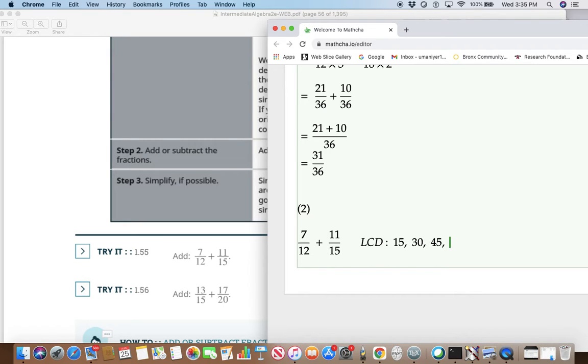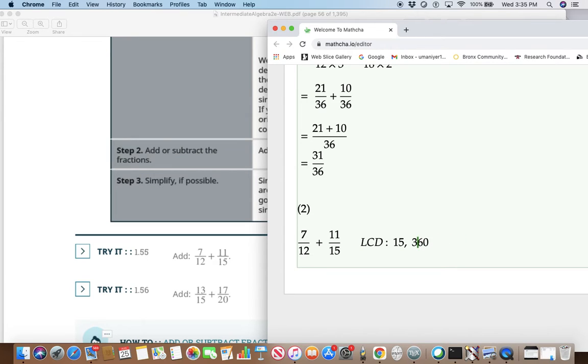No. 15 times 4, 60. Does 12 divide 60 evenly? Yes, it does. 12 times 5 is 60. What about 15? Of course it does, because 15 times 4 is 60. So both 12 and 15 divide 60 evenly, and that's the first place they do.